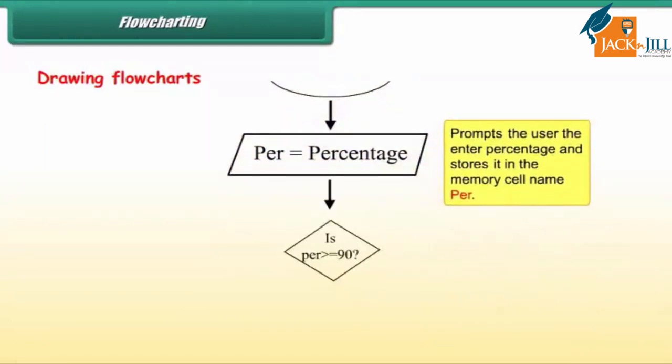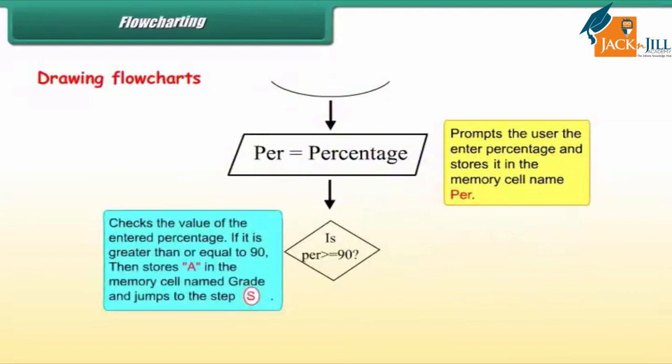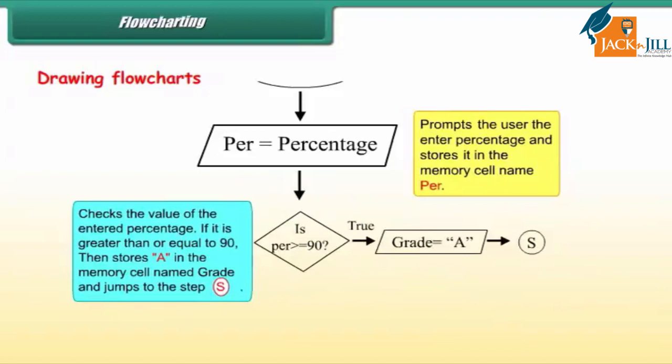Checks the value of the entered percentage. If it is greater than or equal to 90, then stores A in the memory cell named grade and jumps to the step S. A connector S to connect to the last step of the flowchart.